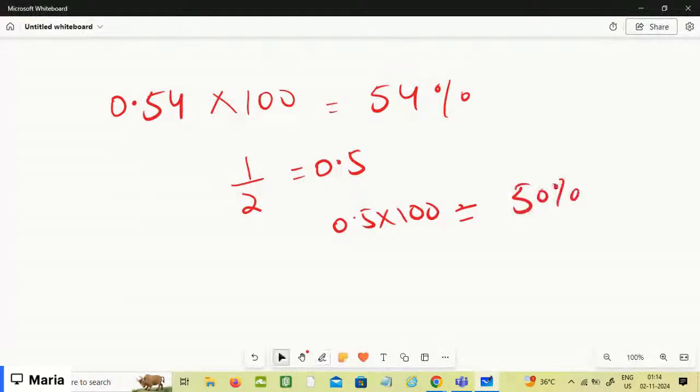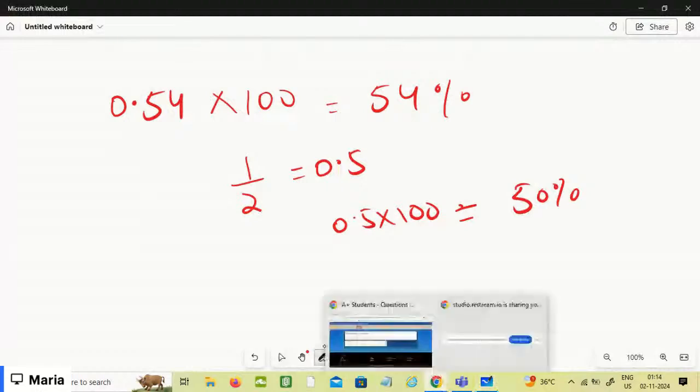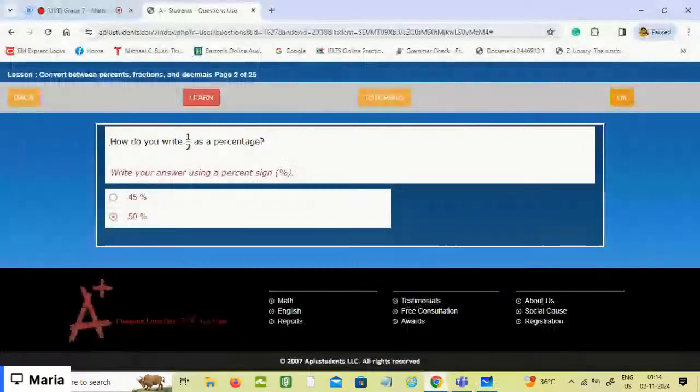The correct option is 50%. Option number 2 is the correct option.